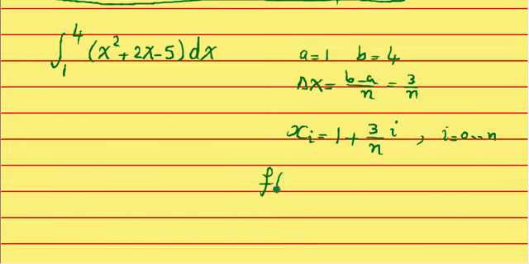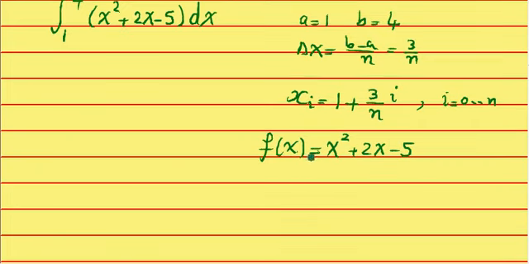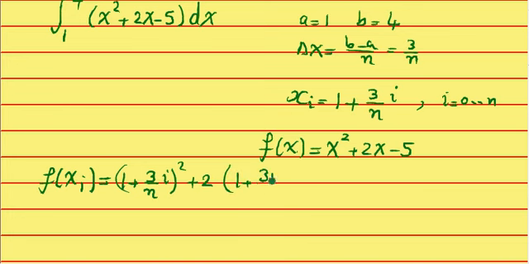What's our function? Our function is just the integrand, x squared plus 2x minus 5. We need to see what f is at xi. So I write f of xi, just plugging this in for x: 1 plus 3i over n, squared, plus 2 times 1 plus 3i over n, then minus 5.